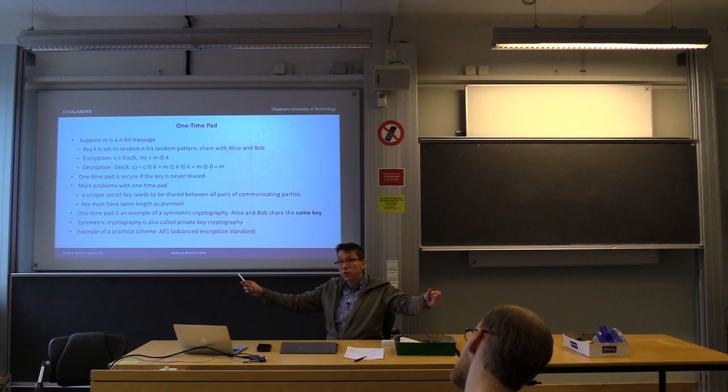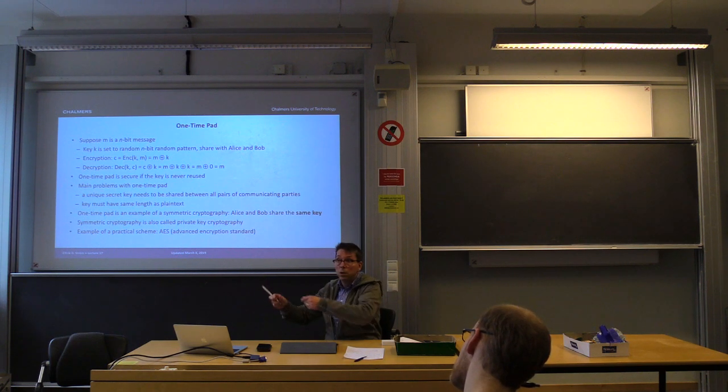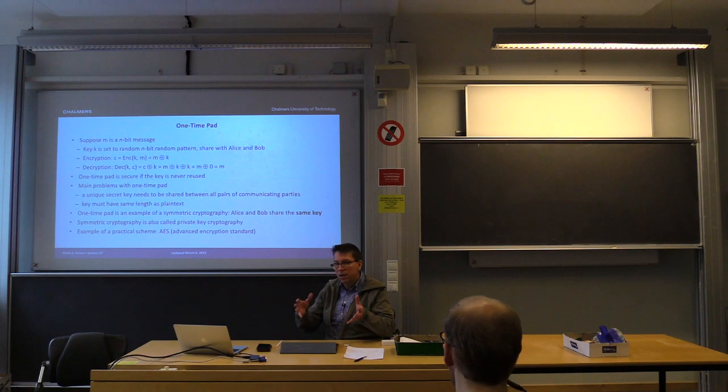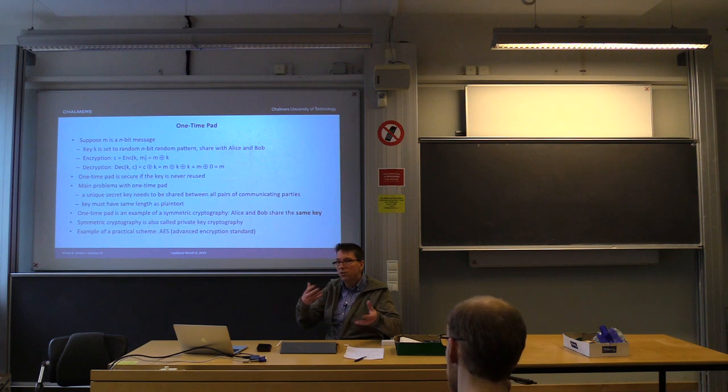Another way to do this is that we have a courier that moves the key from one place to another. So the key doesn't transmit? No, you can't do that. So the problem here is that the key needs to be distributed, and that is actually as difficult as distributing the data from the beginning.